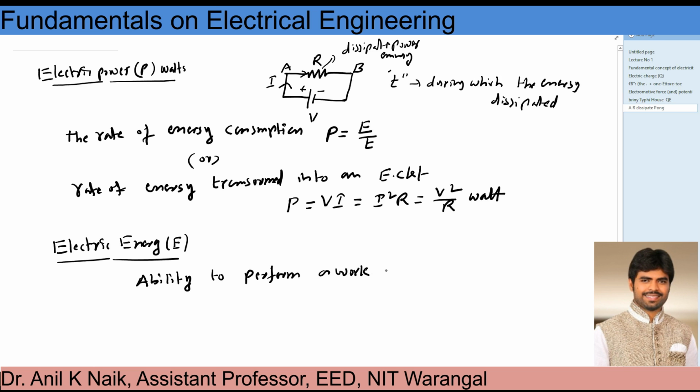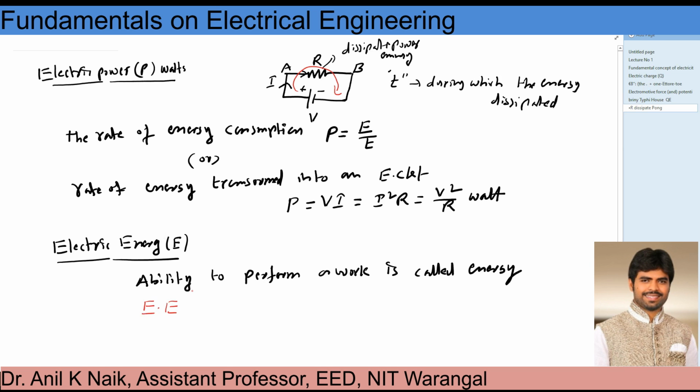Ability to perform work is called energy. So how much work we have done in order to transfer this particular energy from the voltage source to this particular resistance R, how much work has been done, that is called electrical work, or you can say electrical energy.